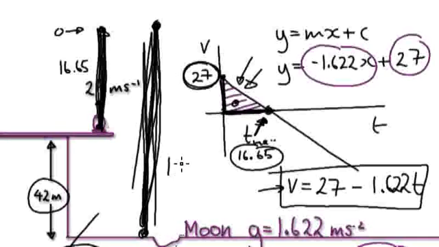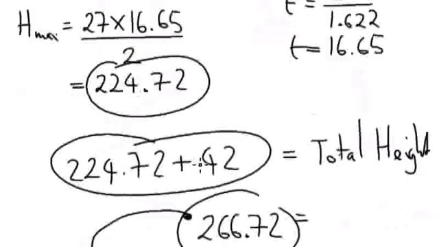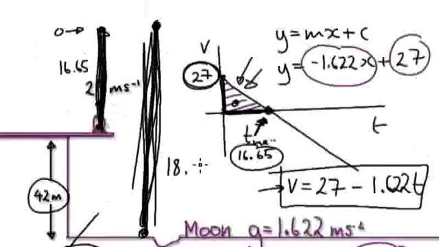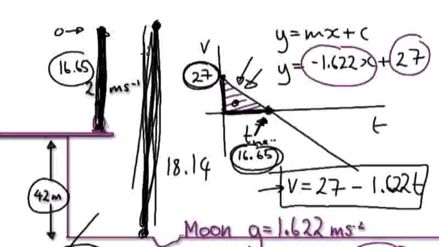Now remember that the time it takes to get to T max is given by this thing here, 16.65. If it takes 16.65 seconds to get to the maximum height, and it takes 18.14 seconds to fall back down here.